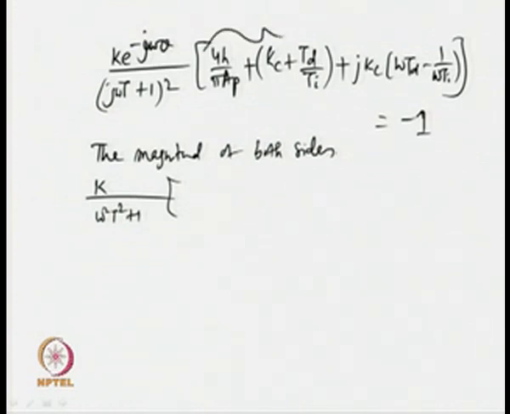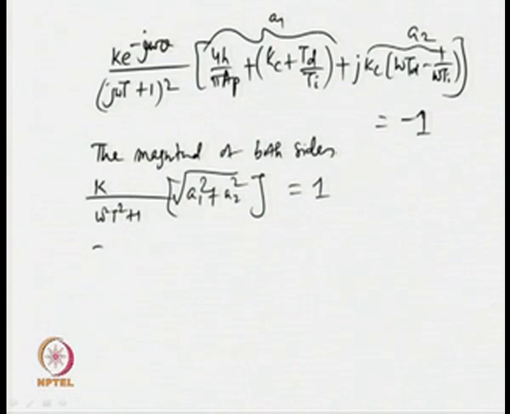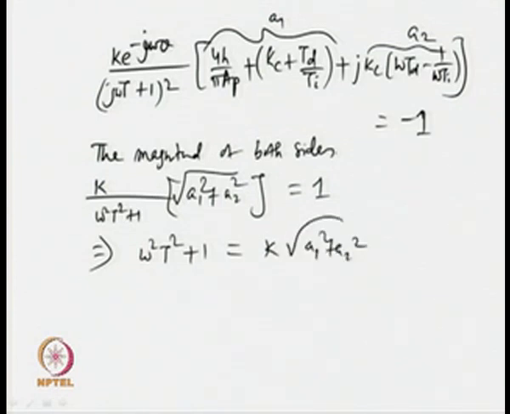So, allow me to choose this as A1 and this as A2. Then I will get the magnitude as the square root of (A1^2 + A2^2) equal to 1, which will give us again omega^2 T^2 + 1 = K root of (A1^2 + A2^2).